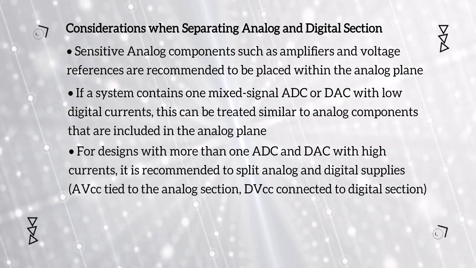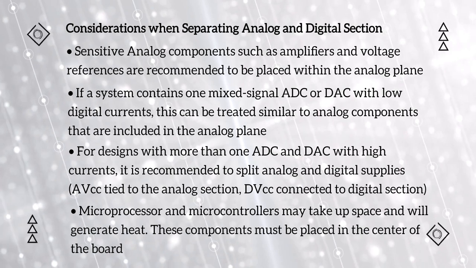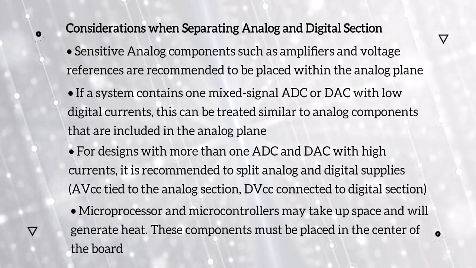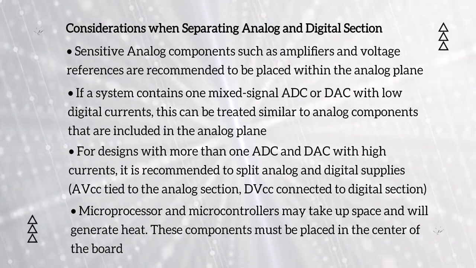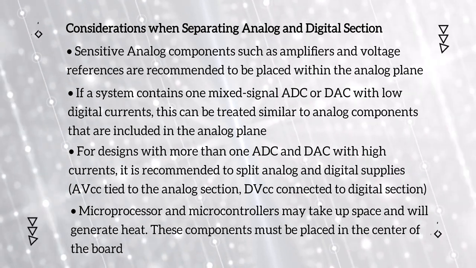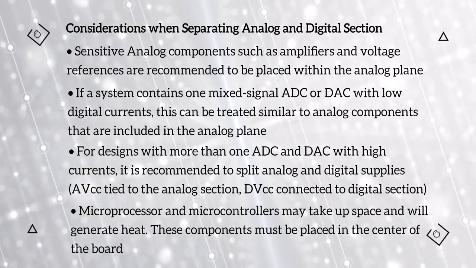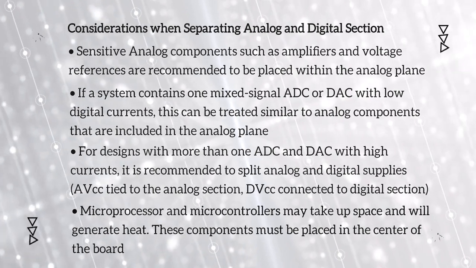And the last one, microprocessors and microcontrollers may take up some space and will generate heat. These components must be placed in the center of the board for better thermal dissipation, and at the same time, close to their related circuit blocks.